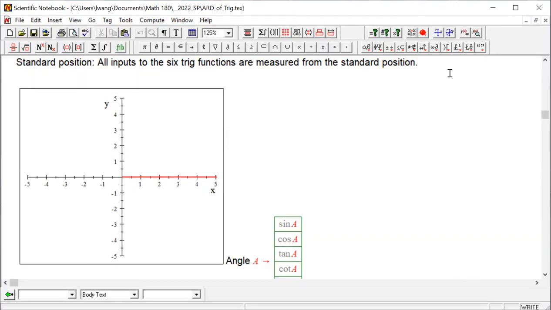Now it comes to the first important letter about trigonometry, A. A is about angle measurement.